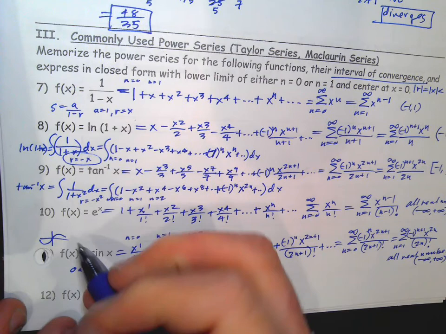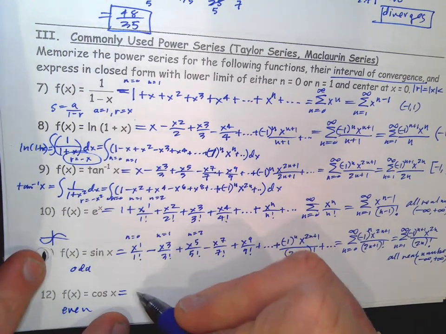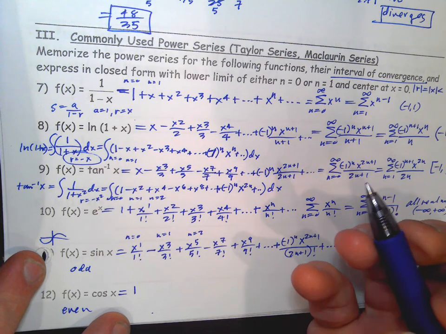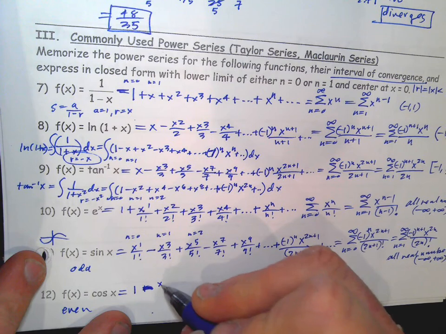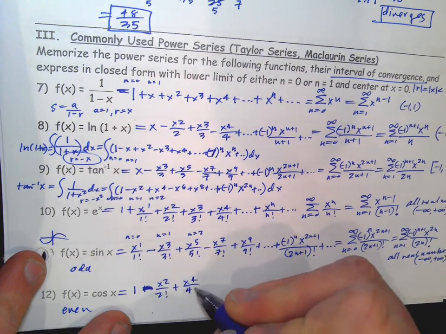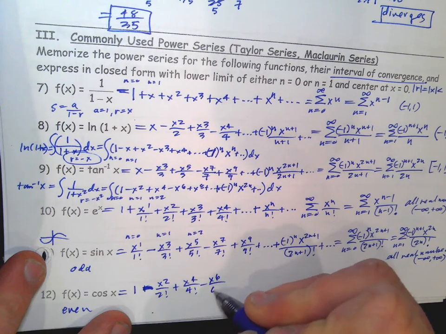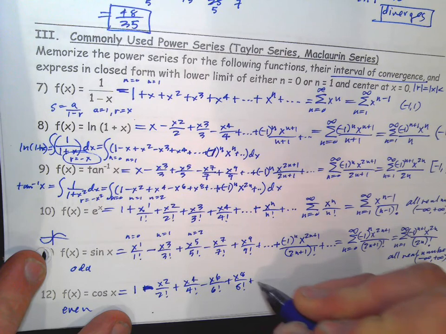Okay, cosine, same thing, but it's an even function, so you take all the even terms from e to the x. So 1 counts, x to the 0 counts as even, and then it changes sign, minus x squared over 2 factorial, plus x to the fourth over 4 factorial, minus x to the sixth over 6 factorial, plus x to the eighth over 8 factorial, plus dot, dot, dot.